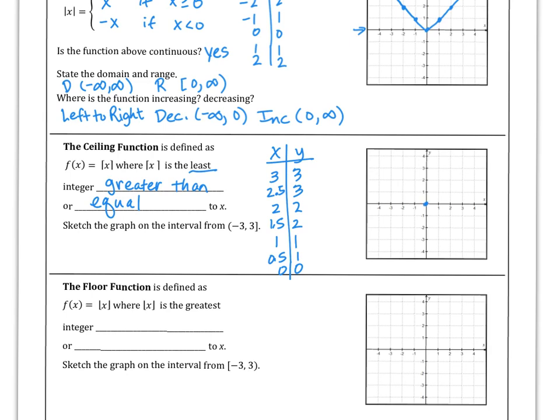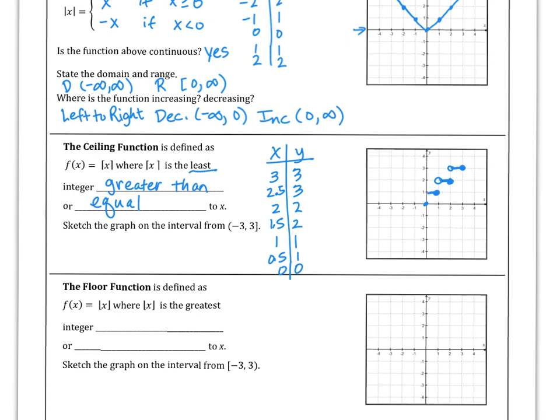I know I've got 0, 0, 1, 1, 2, 2, and 3, 3, but I also have 2.5 and 3, so that's still right here on this line. So it turns out you have a little line, and then you're going to have an open circle at the end of that little line for each one of these. So this is a solid, a little line, open circle.